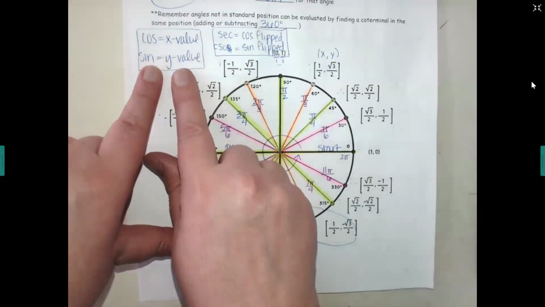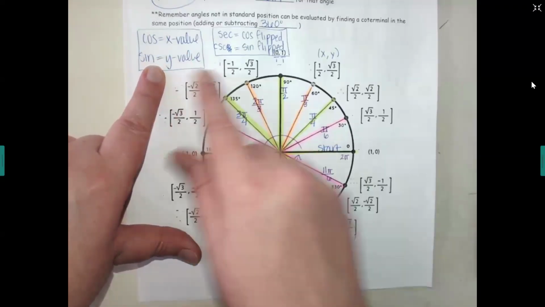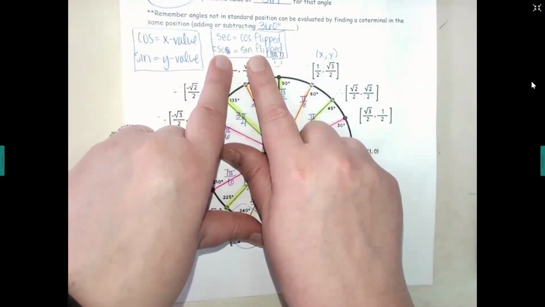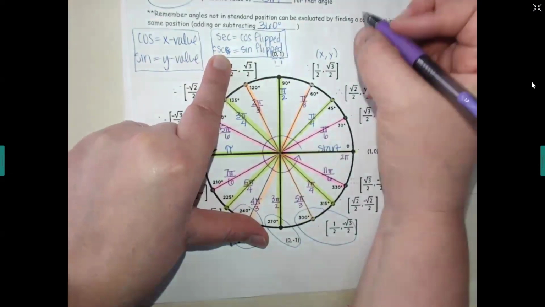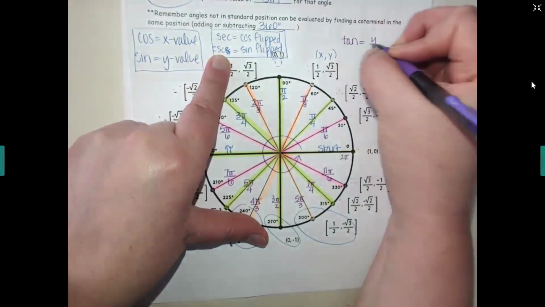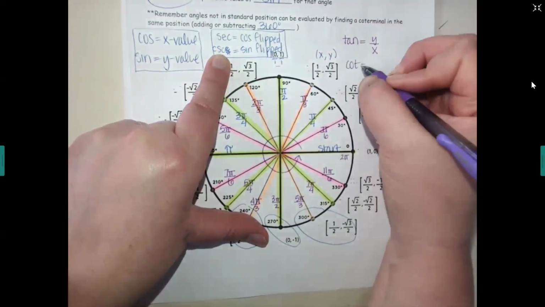Sine, you would pick the y value. Secant is cosine flipped. And CSC is sine flipped. Okay, and then I don't know why I forgot to write tan and cotan down, but remember that tan is y over x. And cotan is x over y.